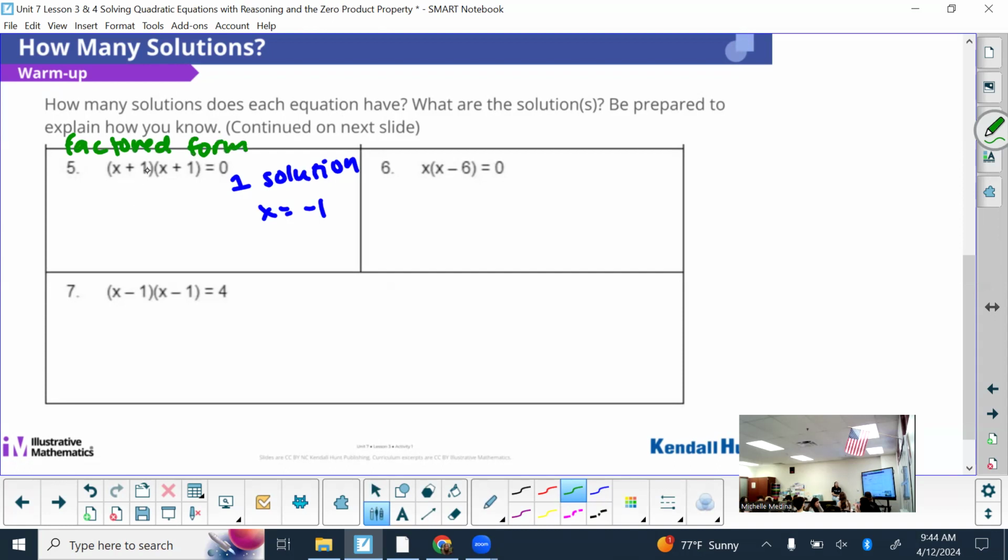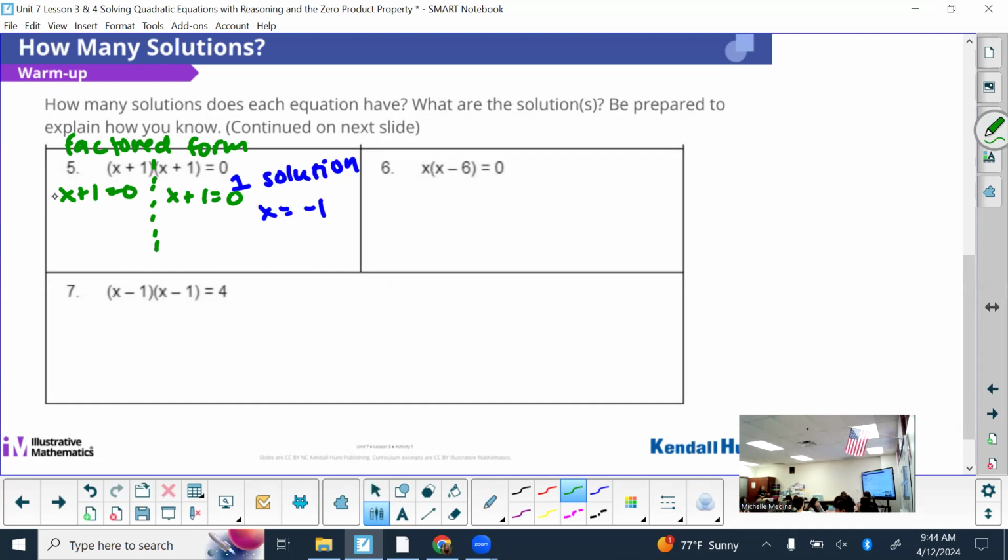And if I have 2 factors that give me a product of 0, what must one of those factors be? 2 numbers that multiply to give me 0. What must one of those numbers be? 0. So the way that you can solve these algebraically would be to set each factor equal to 0 and solve for what value of x would make that 0. They just happen to be the same exact parentheses.